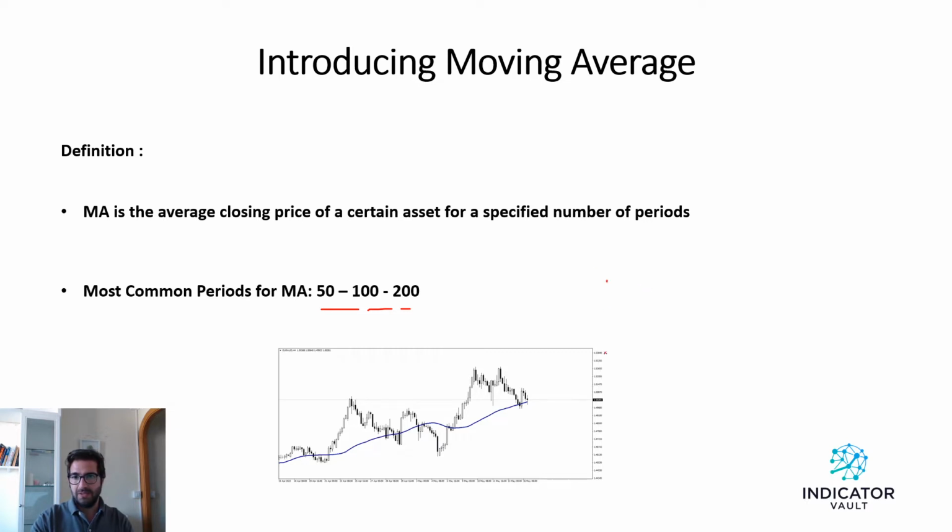And then it will give us an average. The next day it does the same. The next day closing price plus the previous closing prices of the days, and then it will give you another average, and etc. If you link these dots, then you will come up with a trend like the one that you can see in blue below.